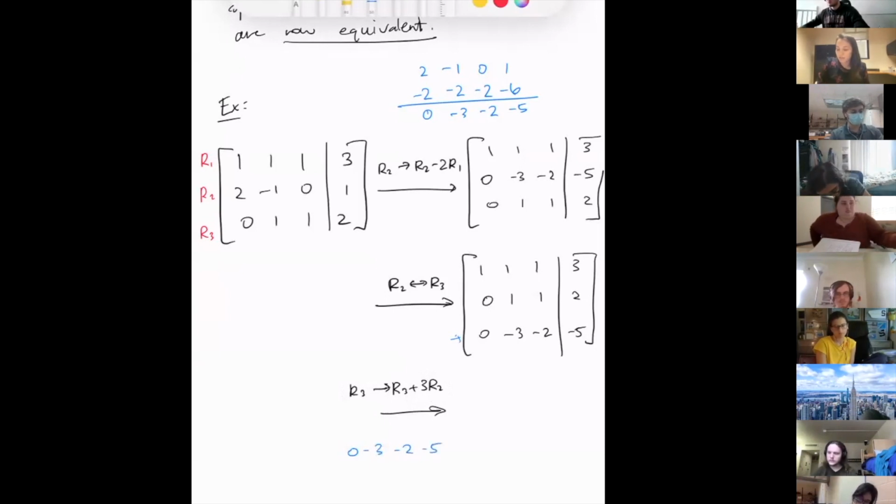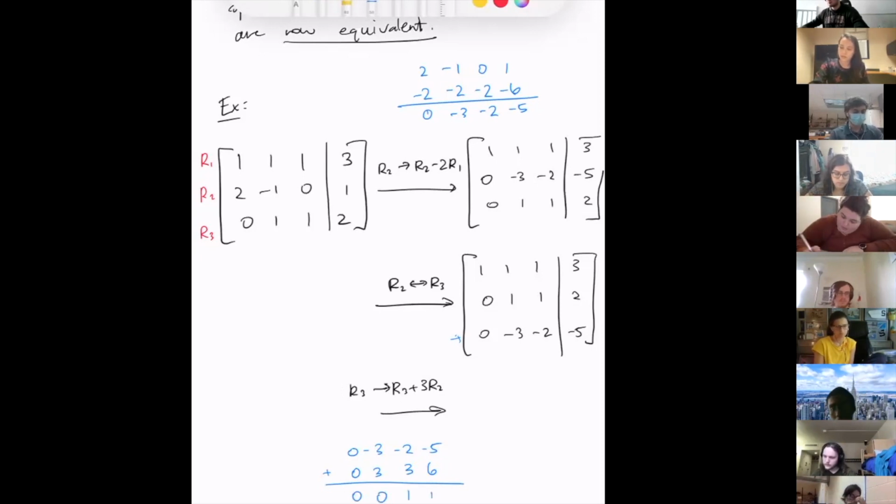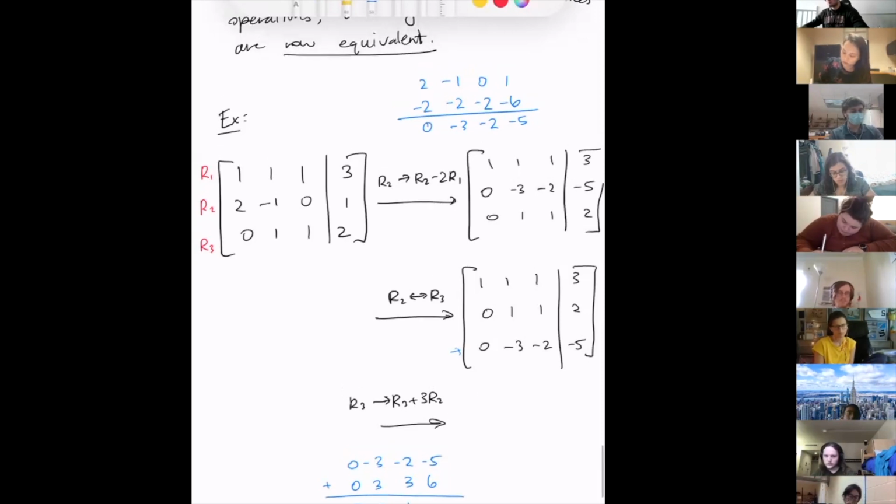And then we add row 2 times 3, which would be 0, 3, 3, 6. Adding these together, we get 0, 0, 1, 1. So our reduced matrix will be 1, 1, 1, 3, 0, 1, 1, 2, 0, 0, 1, 1.